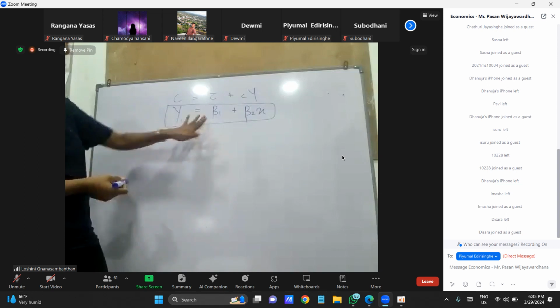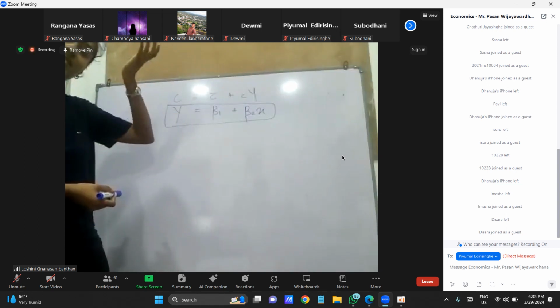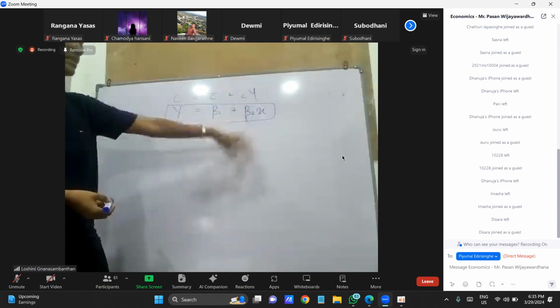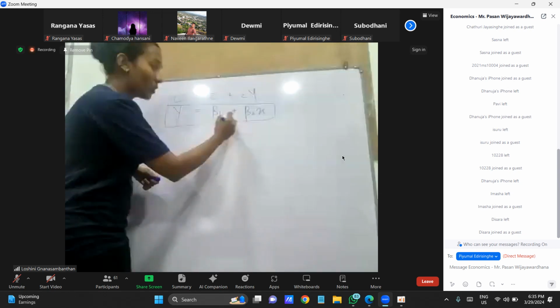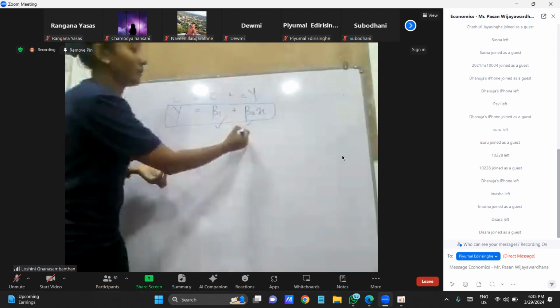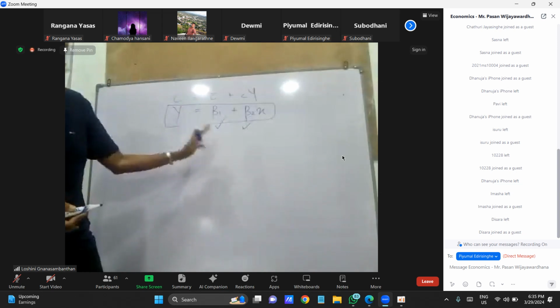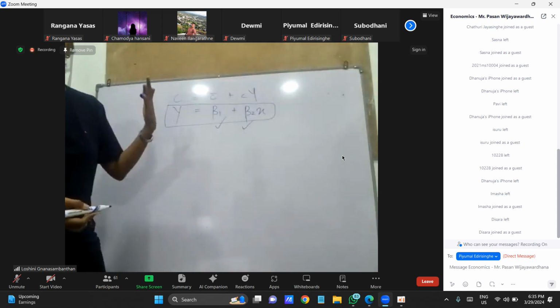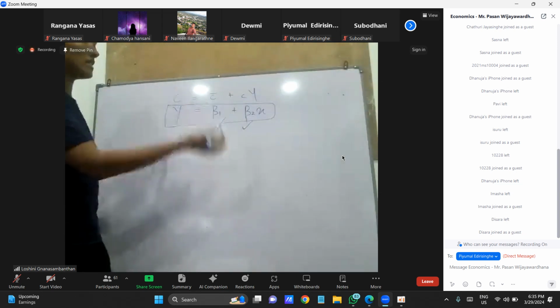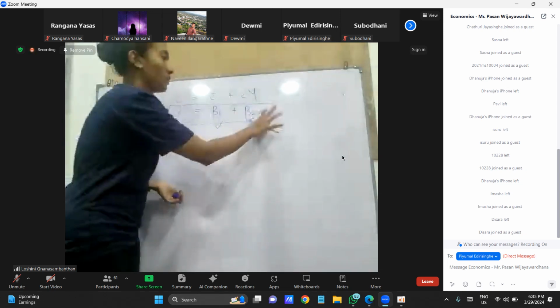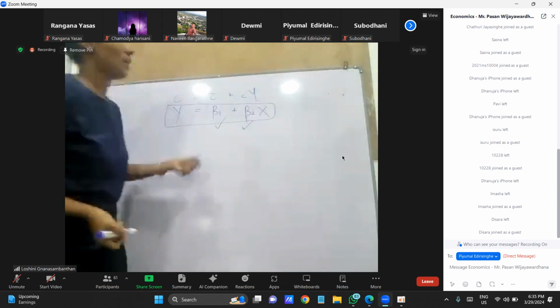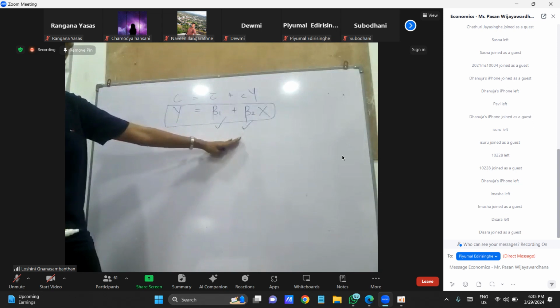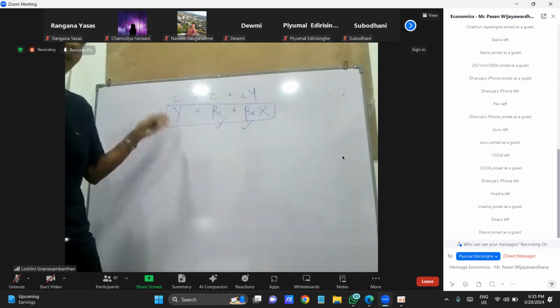So if you see this, you get the feeling of regression. Regression is like this: you put values here, you get values here after your calculations. Whatever results this is giving will give you the y.